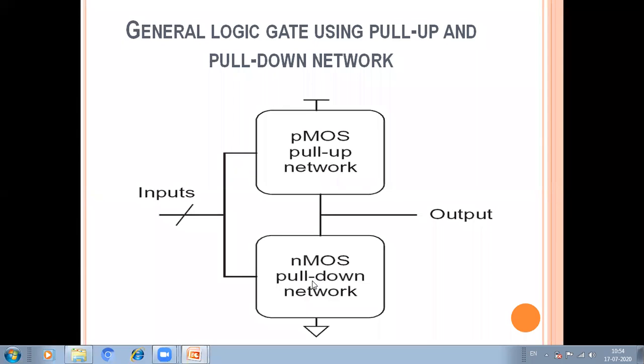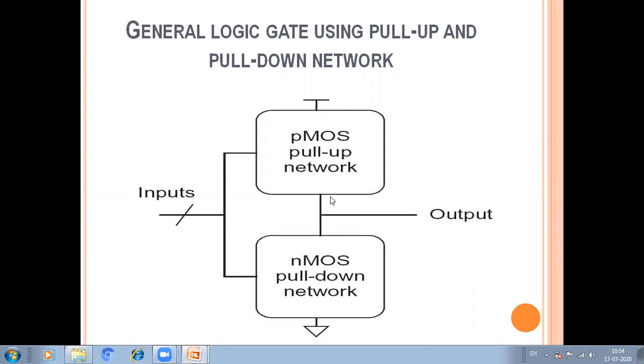NMOS is preferred for the pull-down network, and the PMOS type of transistor is preferred for the pull-up network. By combining these two, suppose I use the PMOS type of transistor, so the source, gate and drain terminals are there. In the case of the NMOS type of transistor, again there are the drain, gate and source terminals. The source is connected to VSS, and in the case of the PMOS, the source terminal is connected to VDD.